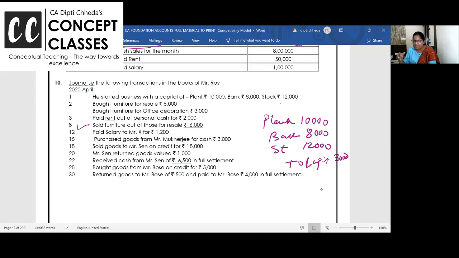I hope you are getting it. So plant is coming in, stock is coming in, bank is debited because it's receiving, to capital account. Okay? This time furniture is brought for resale, so it's like stock. You do. I'm here only. Whatever entry you are stuck in, I will check it. Do the 10th problem.